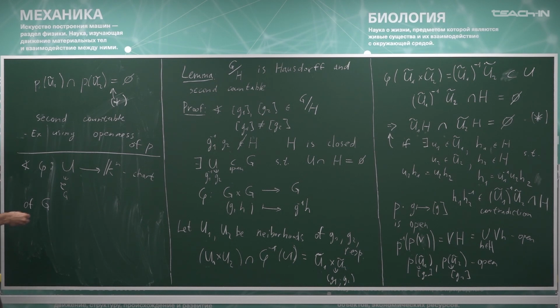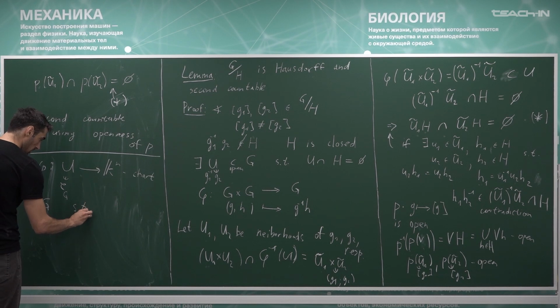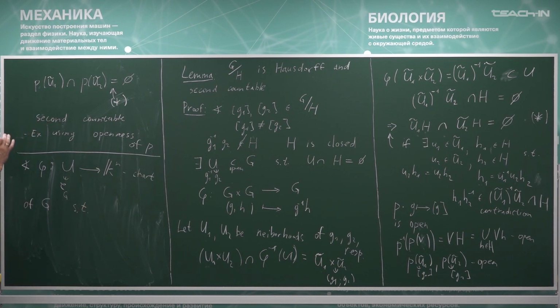And we also would like it to be what's called centered, right? So such that, first of all, phi of E is 0, so identity E in G corresponds to 0.